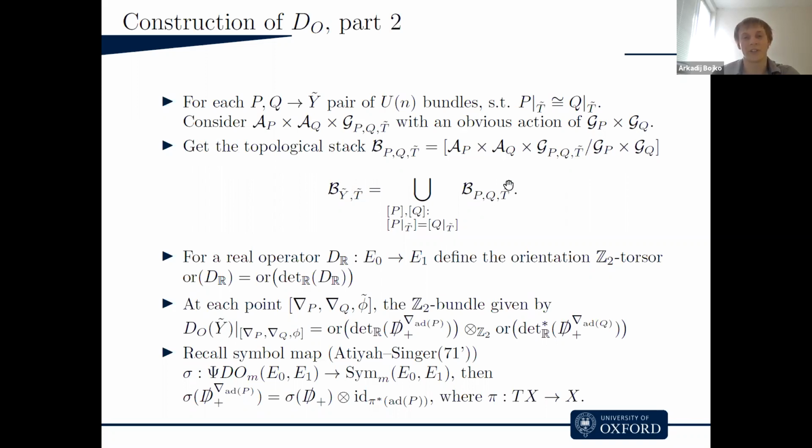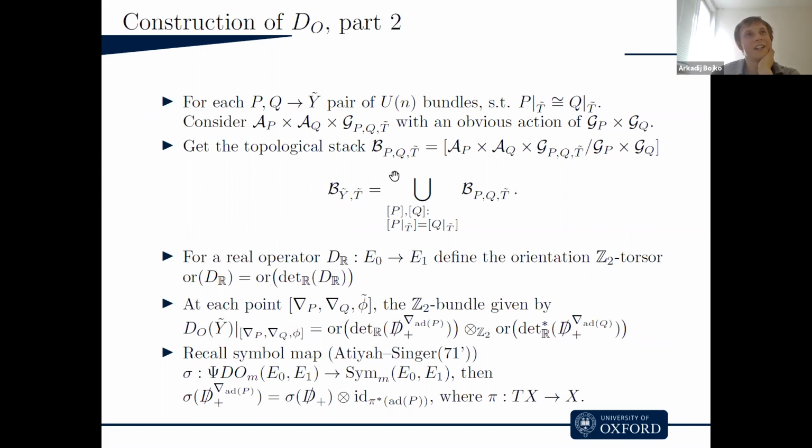Now the union of these stacks over all such pairs of U(N) bundles which are isomorphic on this T tilde gives me a new stack, and this is the stack which I want to construct orientation on, and you will see later on why this is the right stack to think about.